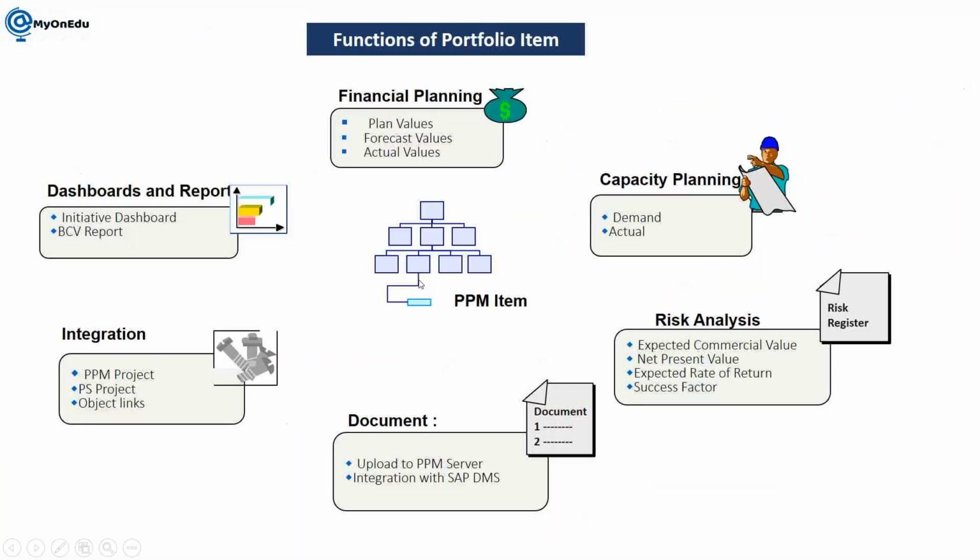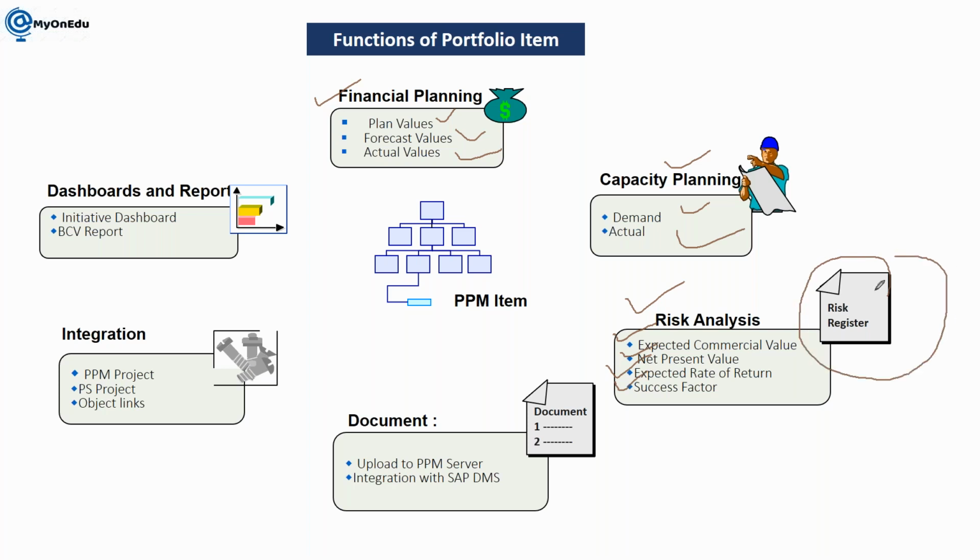Next, when we go further to understand what exactly the item provides us, it provides financial planning functionality. We can plan the values, we can forecast the values, we can get actual values from the integrated system. We have capacity planning, demand planning, and actual planning. We can analyze the risk. We can calculate expected commercial values and net present values, expected rate of return, success factor. We can manage our risk also.